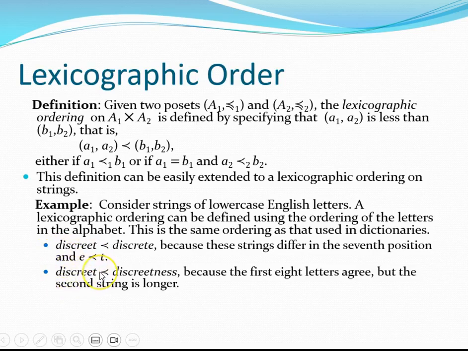And discrete is less than discreteness because the first 8 letters agree, but the second string is longer.